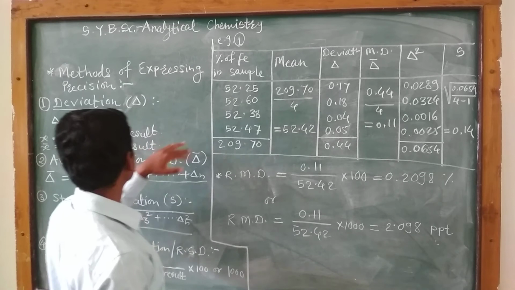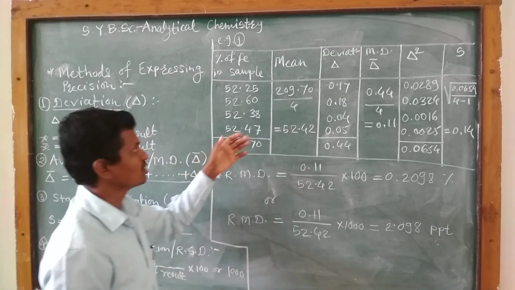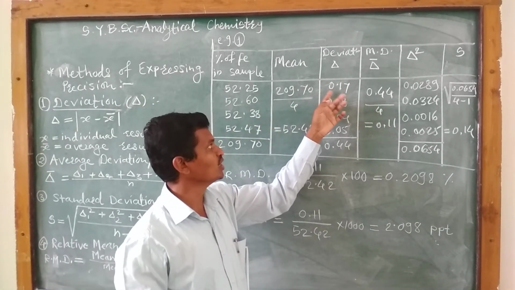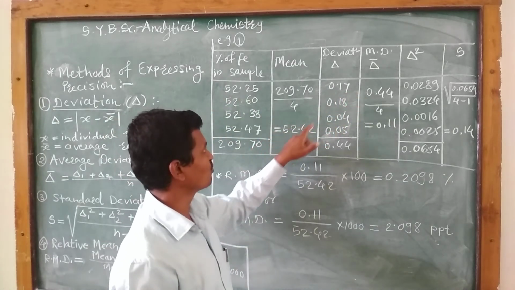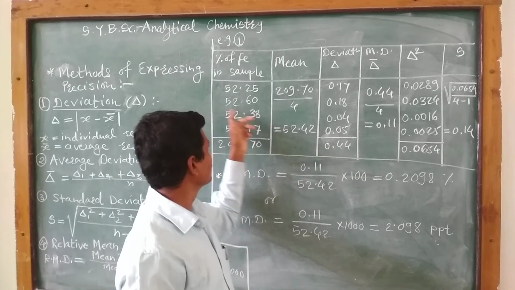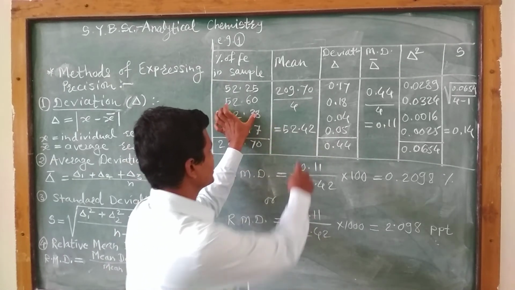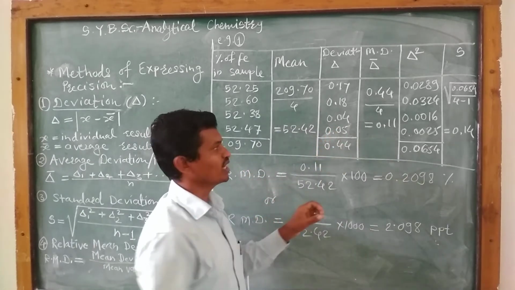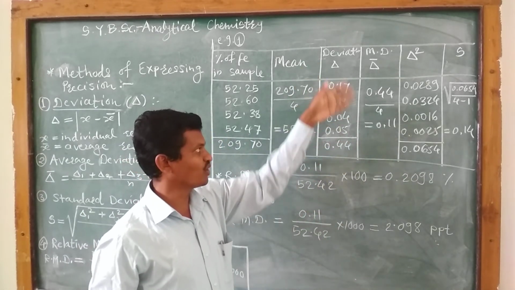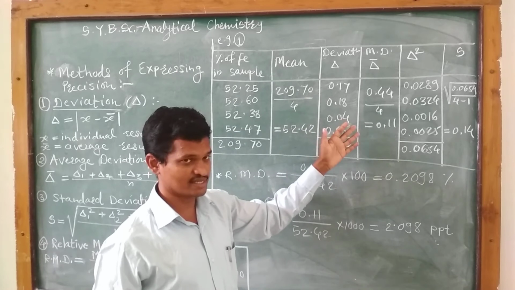But all these figures are in mod, so no need to take the negative sign, only 0.17 is the answer. Again, 52.60 minus 52.42, the answer is 0.18. In a similar way, this figure minus this figure, you get this figure. So this is the deviation we have calculated for all these results.